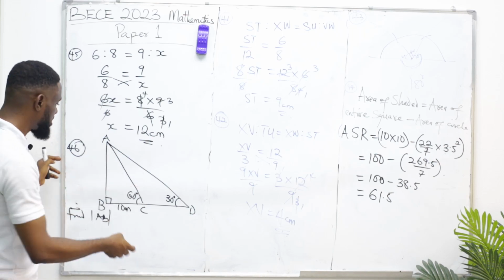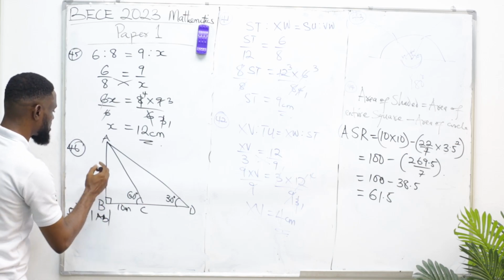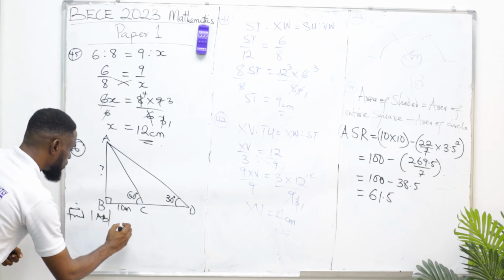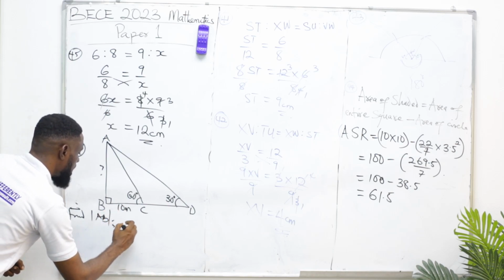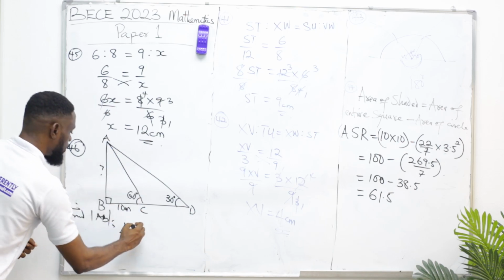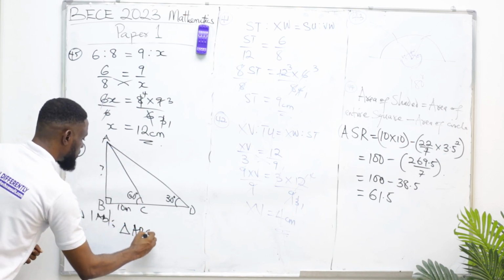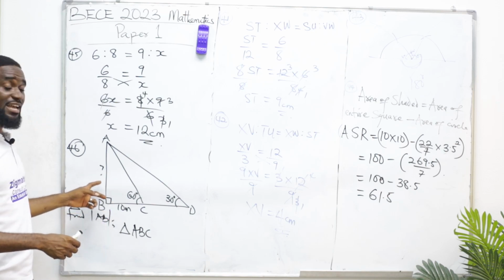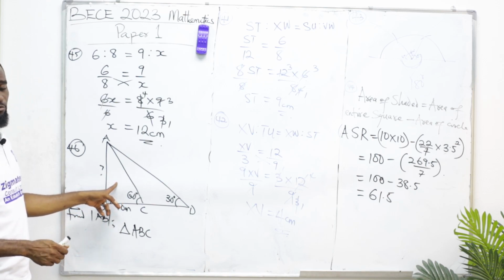So the length of AB is simply to find this side. What is this side? The angle we are considering is angle ABC. Now, we have to find this. I know this is a right angle triangle.